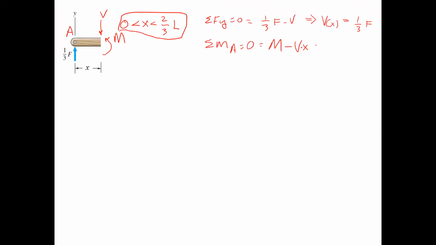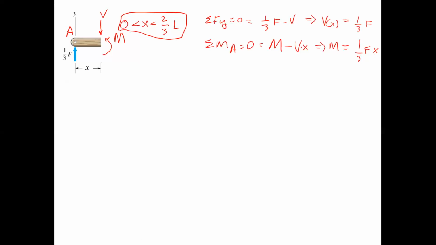And so therefore, M is going to equal V, which is 1/3 F times X. So 1/3 F times X. Meaning, as you get farther away from the left side, the bending moment gets bigger, doesn't it?